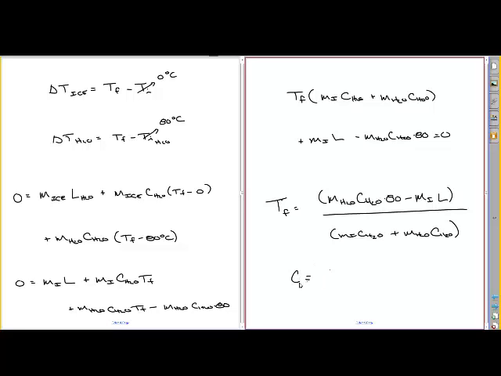Okay, so I think we know everything. The specific heat of water, just as in the previous problem, is 4,186 joules per kilogram degree C. The latent heat of fusion of water is 3.33 times 10 to the 5th joules per kilogram.